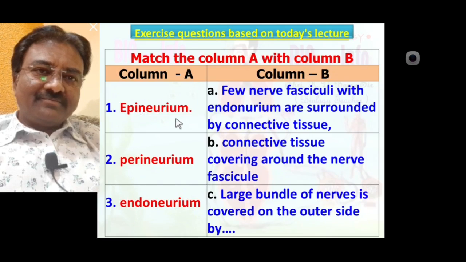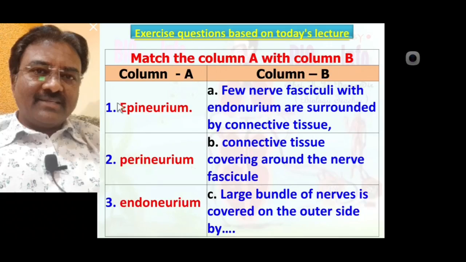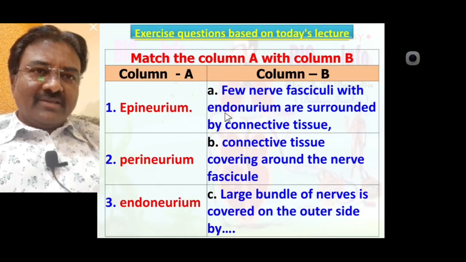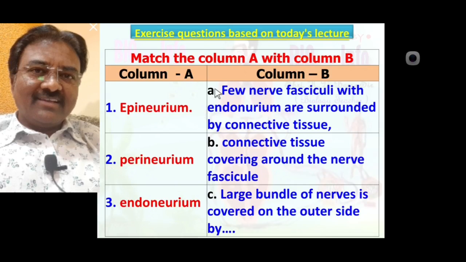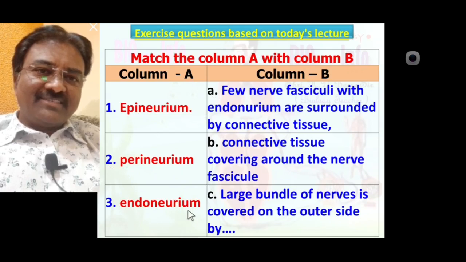First, epineurium matches with, yes, a large bundle of nerves covered on the outer side by epineurium, means 1 matches with C. Perineurium, yes, a few nerve fasciculi are surrounded by connective tissue called perineurium, means 2 matches with A. Endoneurium, yes, the connective tissue covering around the nerve fibres is the endoneurium, means 3 matches with B.